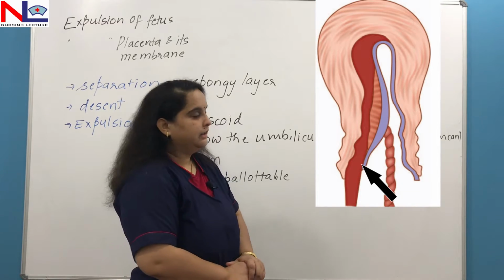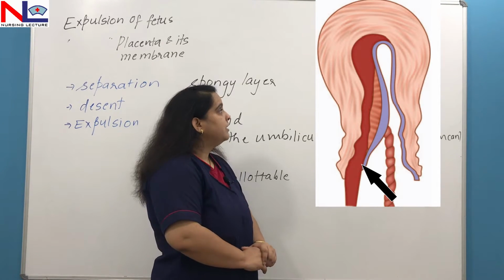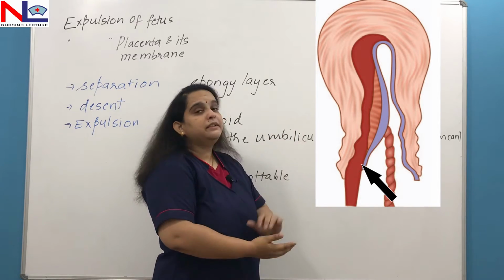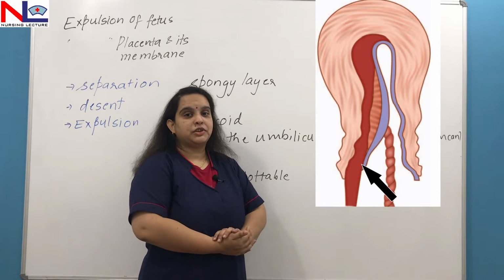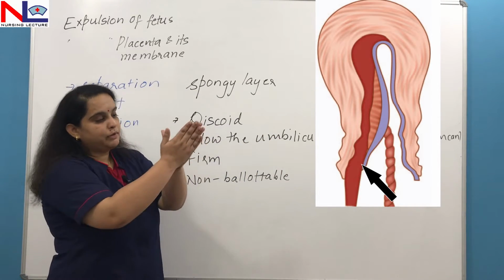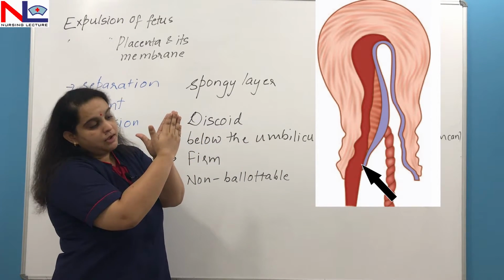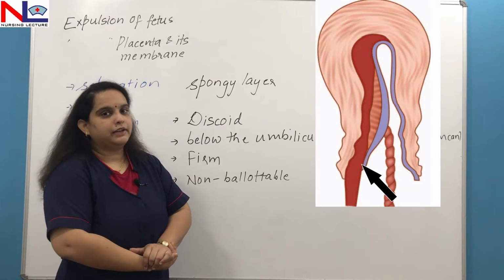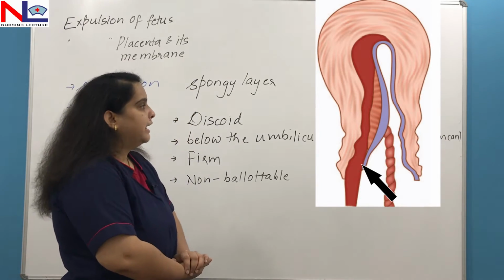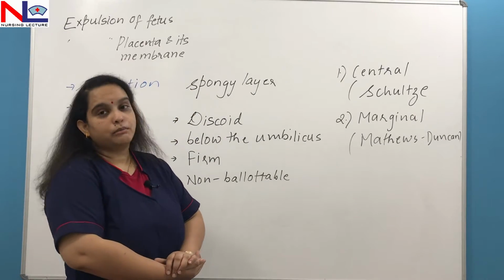We can easily see it by vaginal examination. In the central method there is not that much bleeding, but with marginal separation there is a gush of bleeding because it is detached from the margin. Bleeding comes out immediately from the uterine cavity, right? So this could be a sign, and we can identify whether it is central or marginal.